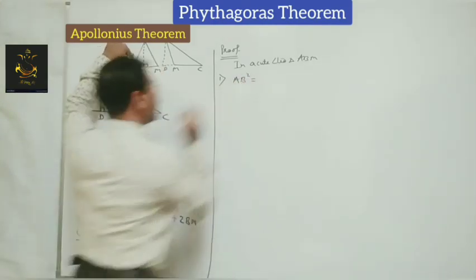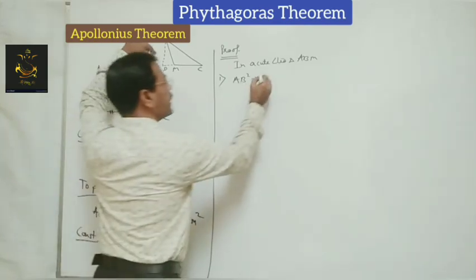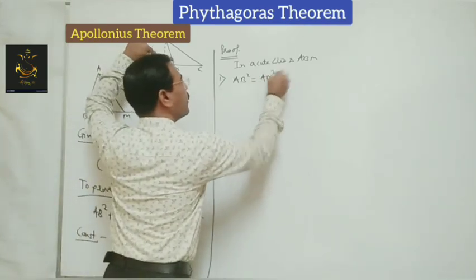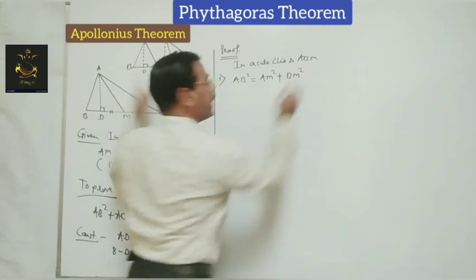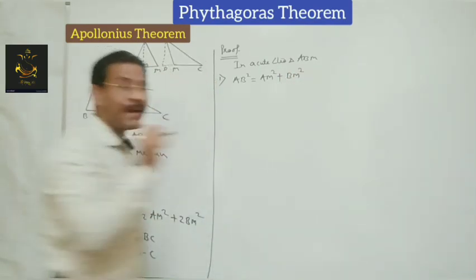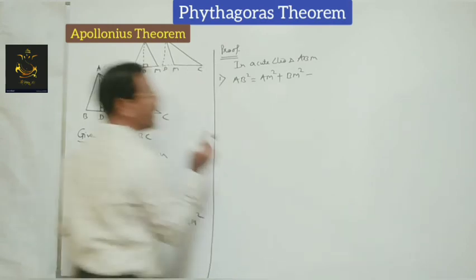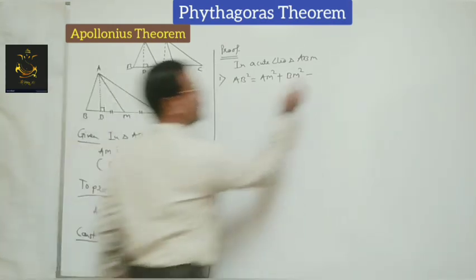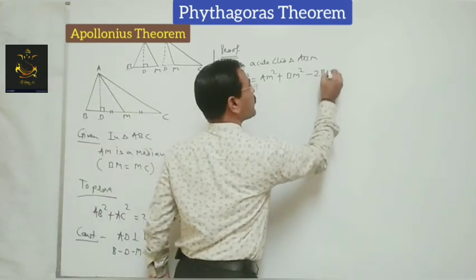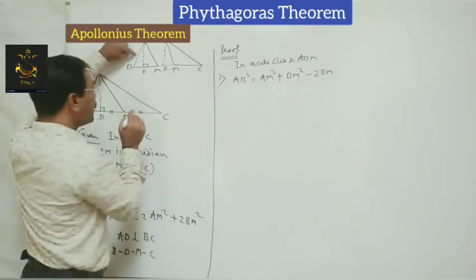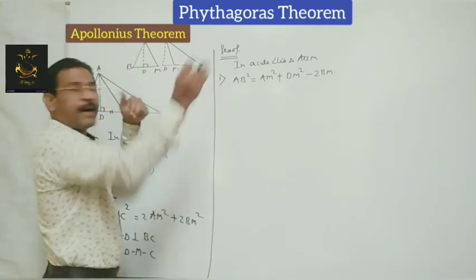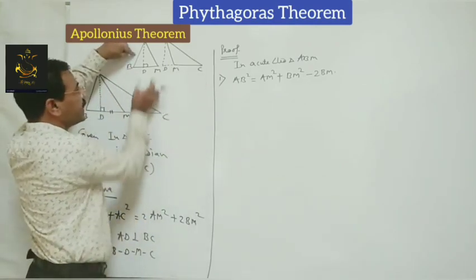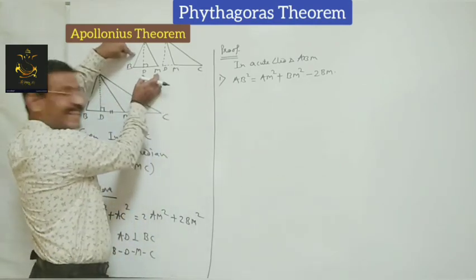AB square is equal to the remaining sides AM square plus BM square, in acute angle triangle, right? That minus, and the base is BM, but twice BM into the remote part, meaning the very far away part. Since AB is there, because of that reason you have to take here D.